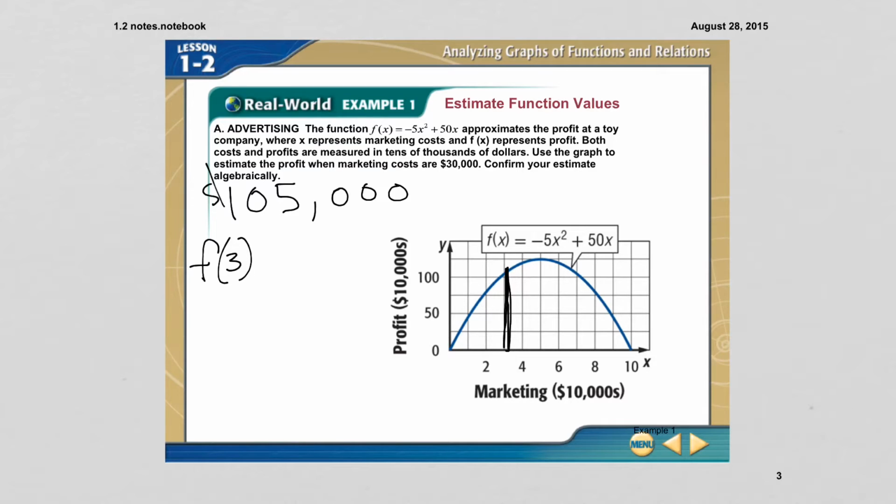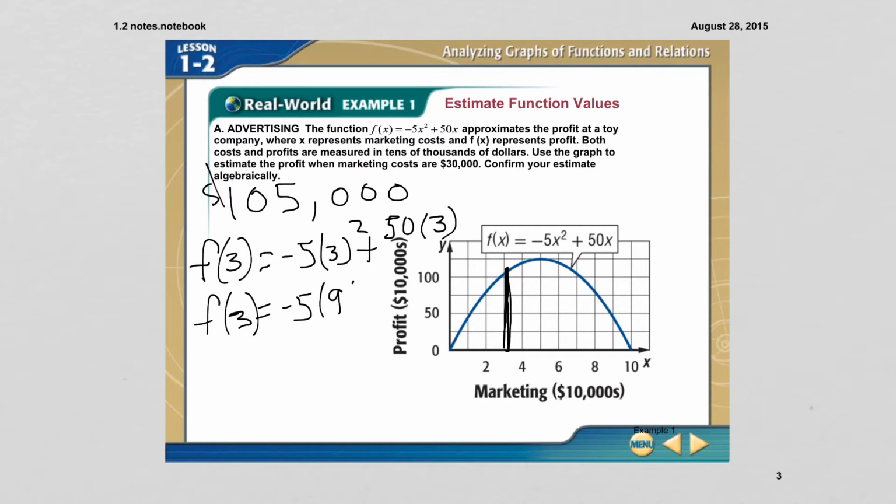The graph is in tens of thousands, so 3 times 10,000 gives me 30,000. So that's equal to negative 5 times my 3 squared plus 50 times 3. Okay, that gives me f of 3 is equal to negative 5 times 9 plus 150.